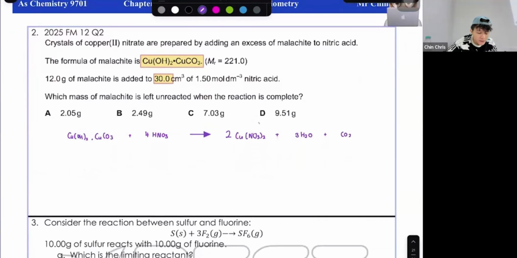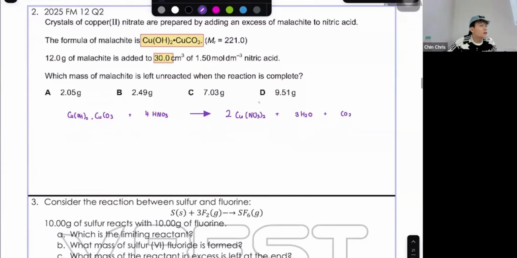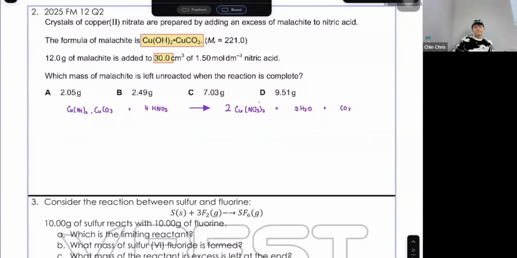All right, guys, I gave you the balanced equation already. There you go. You can do your RICE table if you want to. Please try, guys. If you're not so sure, you can apply your RICE table. Try again to do it on your RICE table. Let me know what's your answer, guys.